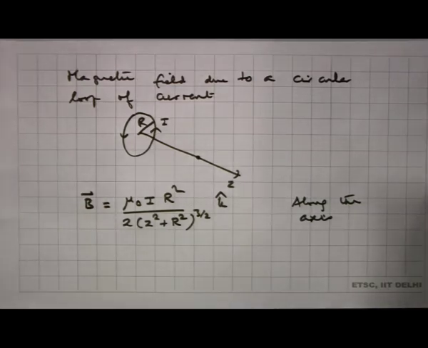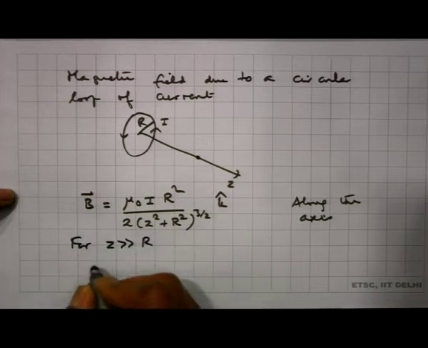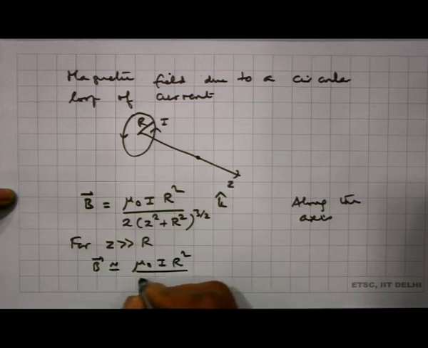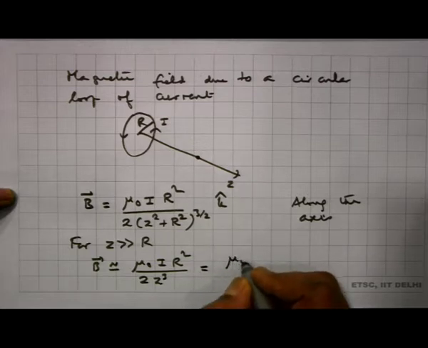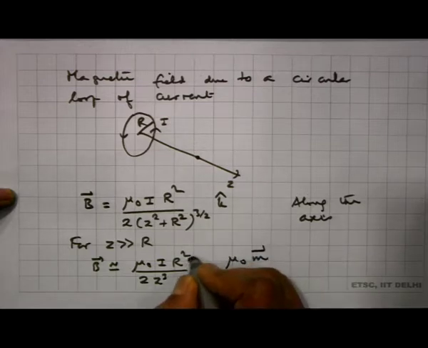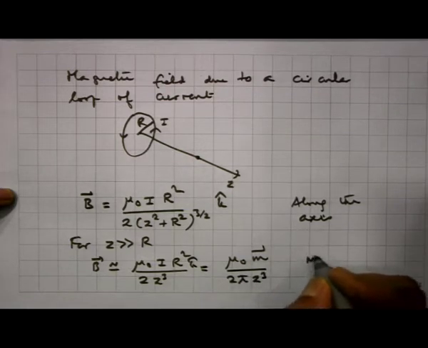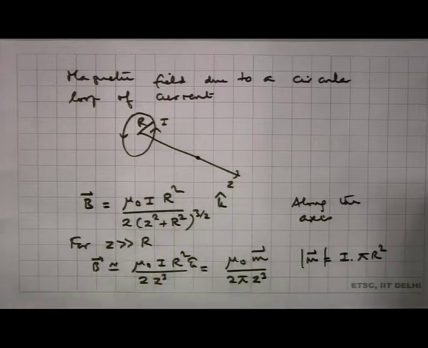For z much greater than r, B is approximately equal to mu naught I r square by 2 z cube, which I wrote as mu naught m k cap by 2 pi z cube, where m is the magnetic dipole moment, which is I into pi r square in magnitude, and the direction is given by the right-handed screw rule.